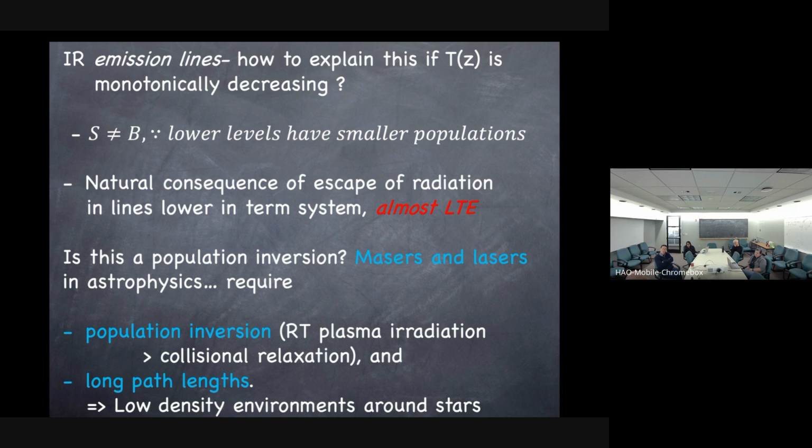So photons are going out, and the population density of the lower levels is starting to drop. That's starting to sound like a population inversion. Do you remember having classes in lasers?